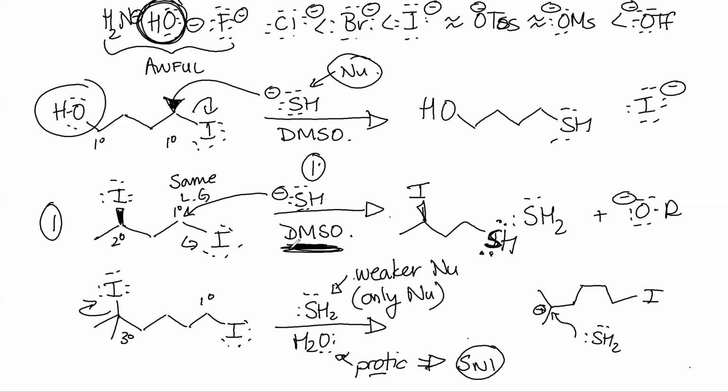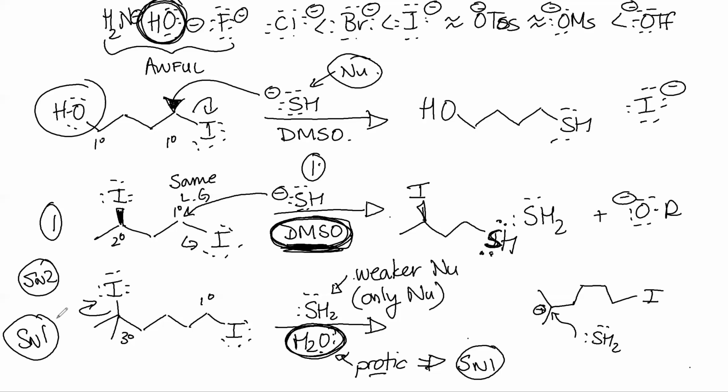The thing you want to check for is to see which type of reaction is being promoted here. Is this supposed to be an SN2 or is this supposed to be an SN1? So remember, SN2 will be aprotic solvents, SN1 will be protic solvents. SN2 will have really good nucleophiles.